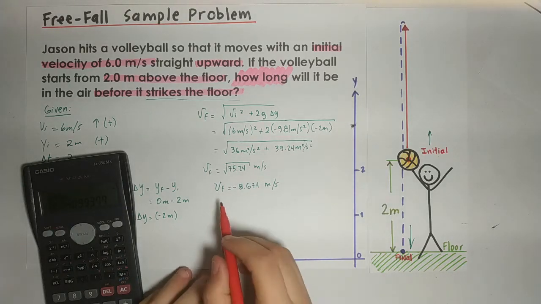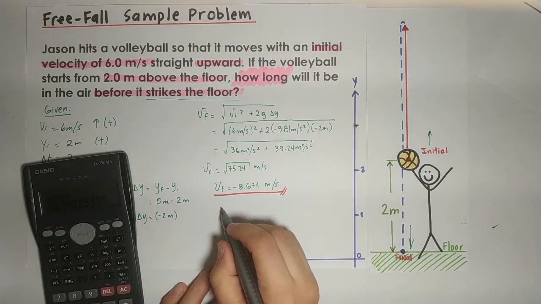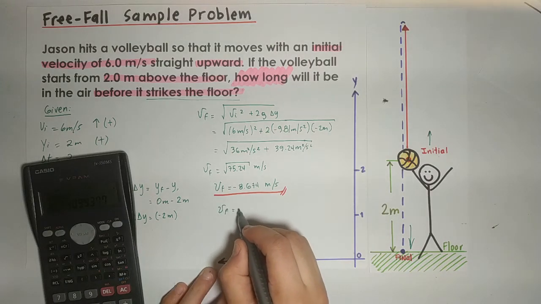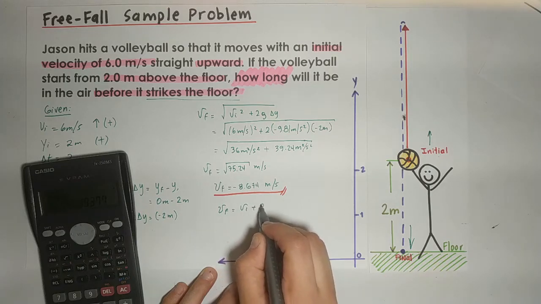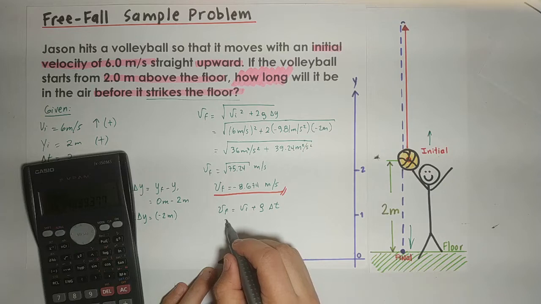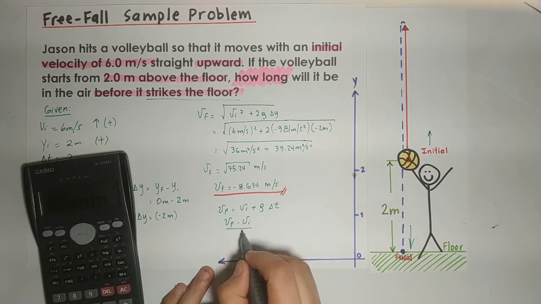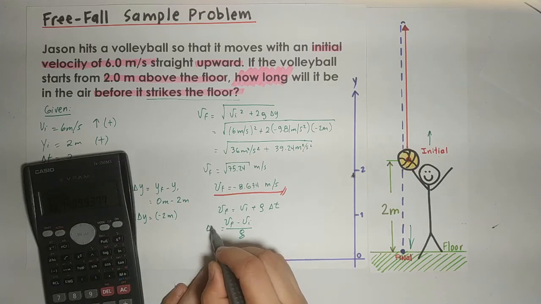Now that you already have your final velocity, we'll be able to find the time. How? Isolating from the formula. We have this equation, final velocity equals initial velocity plus gravity times time. If we isolate for the time, we're going to have final velocity minus initial velocity divided by gravity equals delta t.